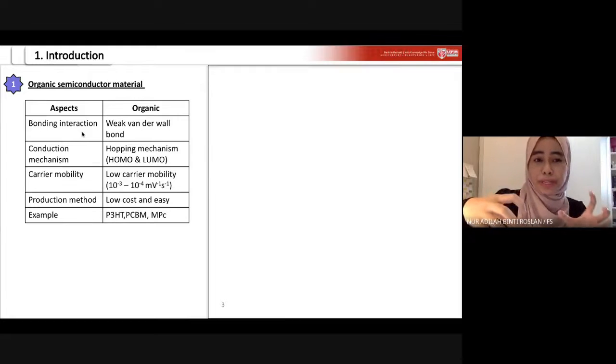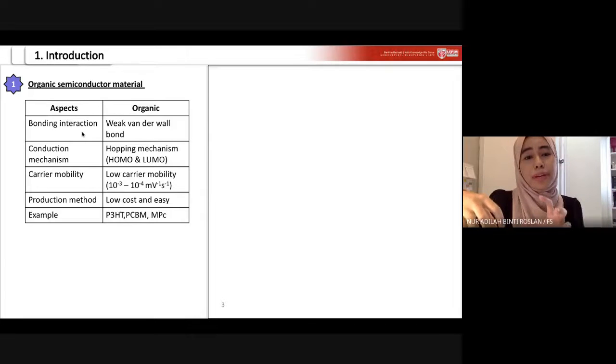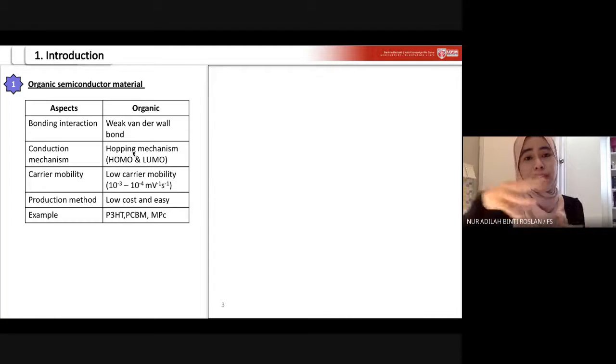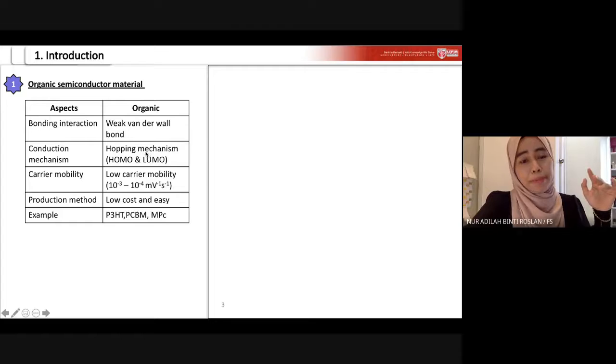It is a weak bonding. Due to this weak bonding, the conduction mechanism is the hopping mechanism, because of the molecular orbital energy splitting that contributes to the molecular orbital. So the conduction mechanism is by hopping.